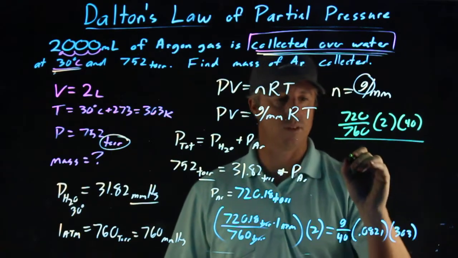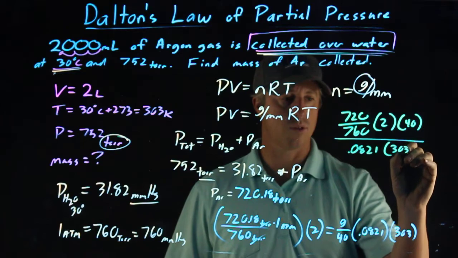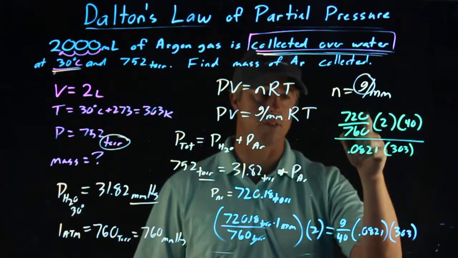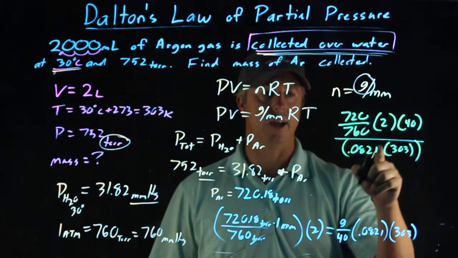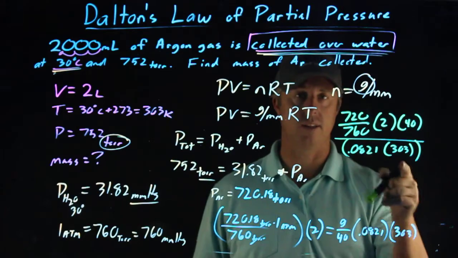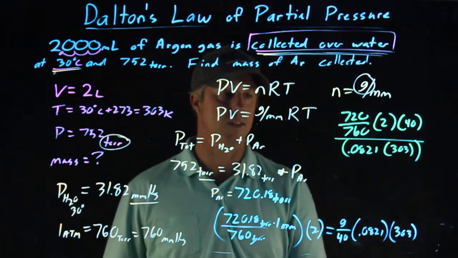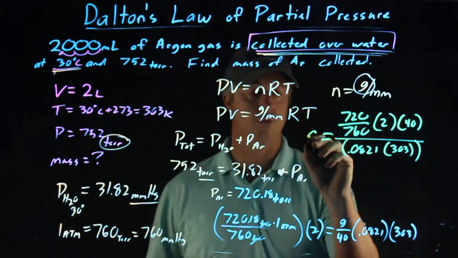And then I want to divide all of this by 0.0821 and by 303. Please be careful if you plug this in the calculator. You either need parentheses or to divide and then divide. Otherwise, your calculator will divide and then multiply. It's a very common mistake that we see. And this is going to equal my mass.